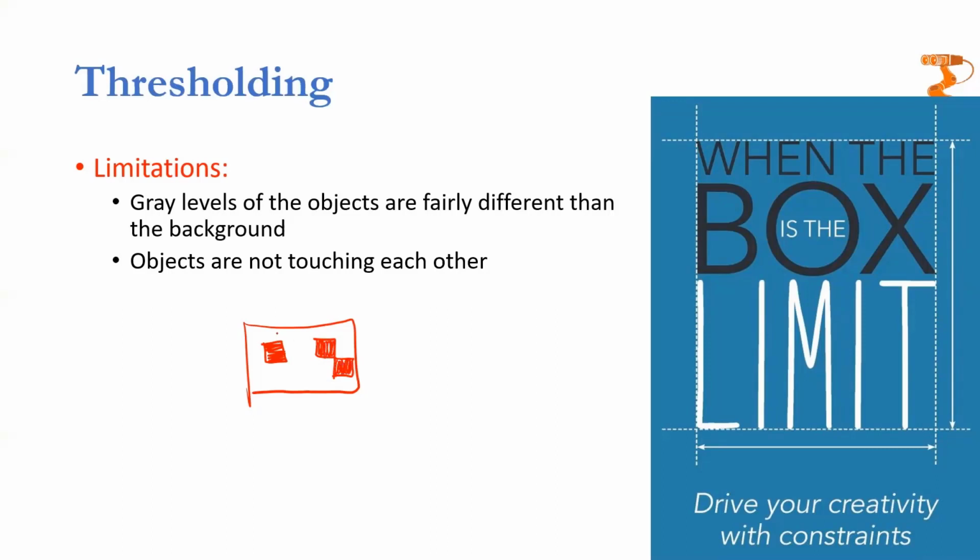It will label this object as one object and this object as another object. This is the problem with this segmentation technique. It is going to label both of these objects as one object because they are connected with each other.